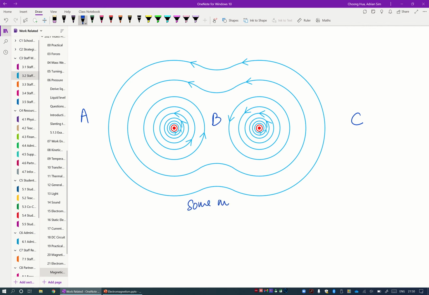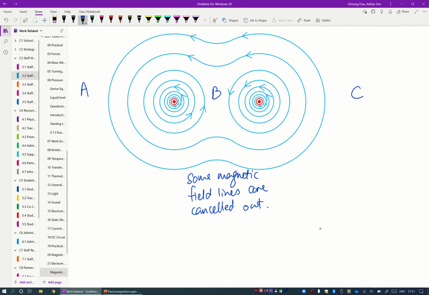Some magnetic field lines in the region B are cancelled out. Magnetic strength becomes weaker.